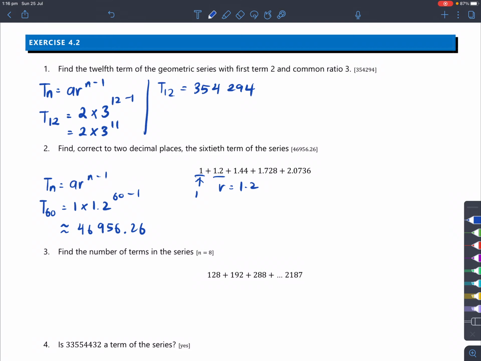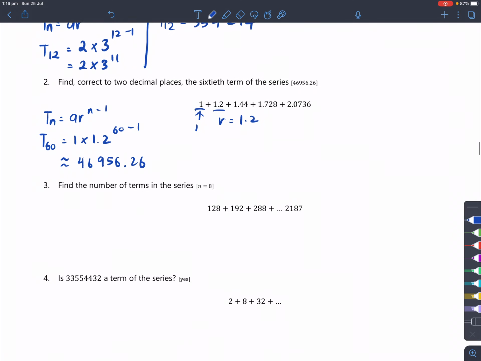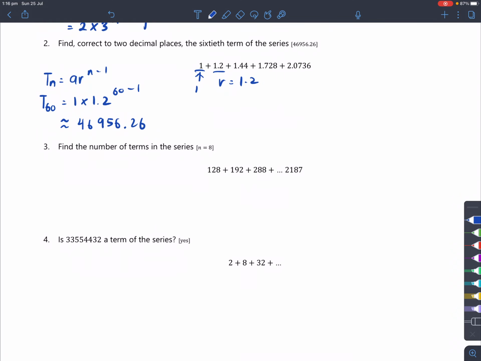Question 3. Find the number of terms in the series. Right. So in this case, we're trying to find out what the value of n is. So Tn is ar to the power of n minus 1. Tn is going to be the number 2187 at the very end. So 2187 there. a in this case is 128.